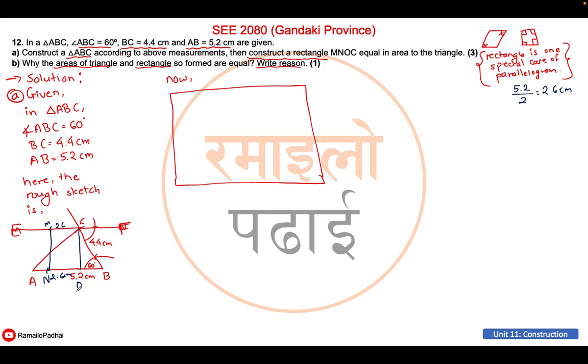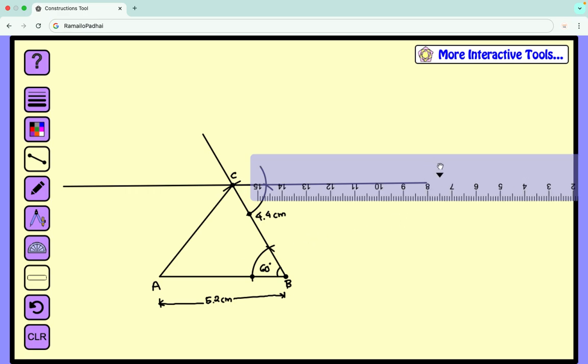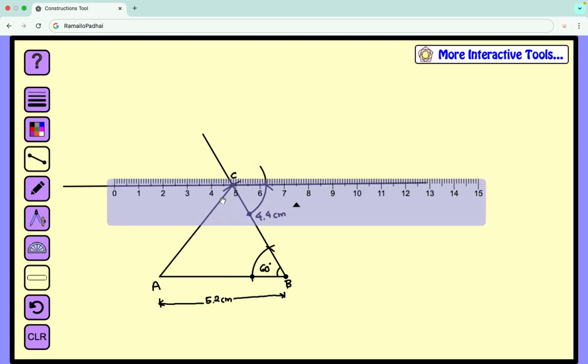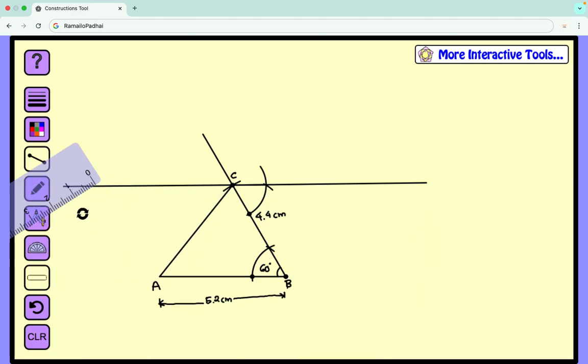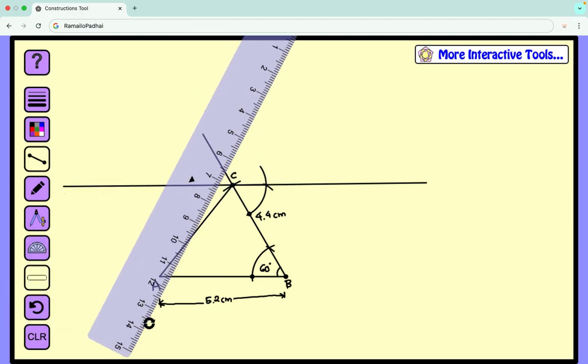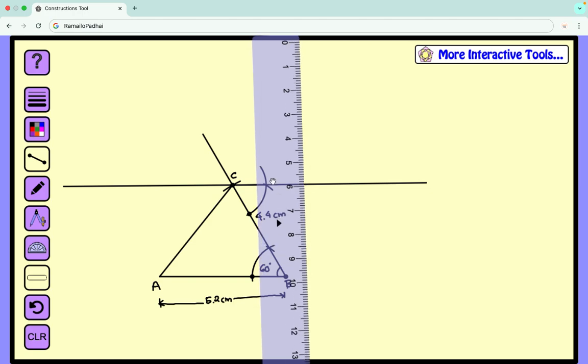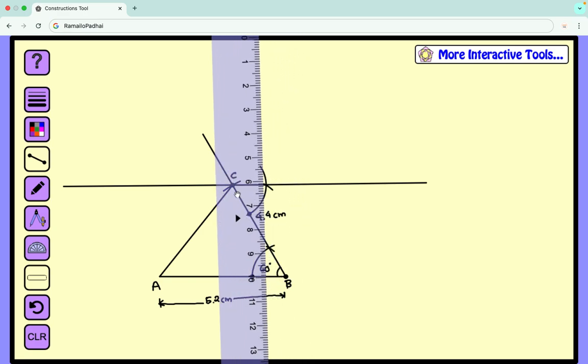Now what we have done is constructed a perpendicular line from C to AB so that we can construct OC. So what I am doing is rotate this scale such that, look, here the line of 6 lies exactly on the parallel line EF.